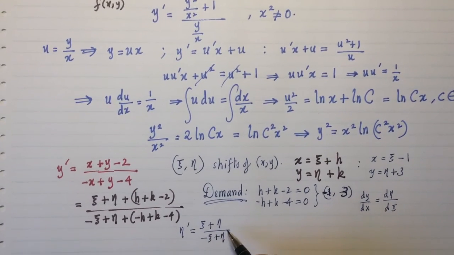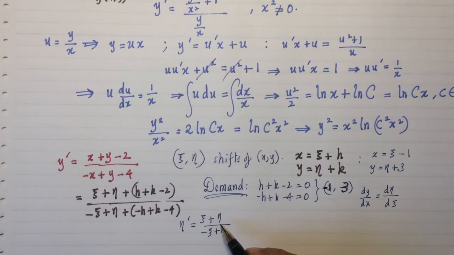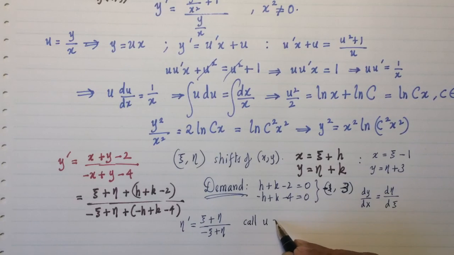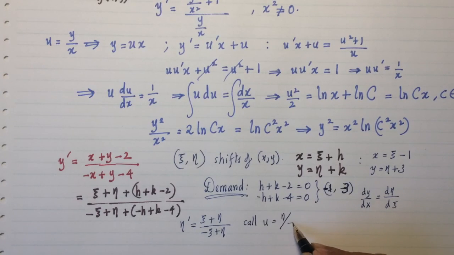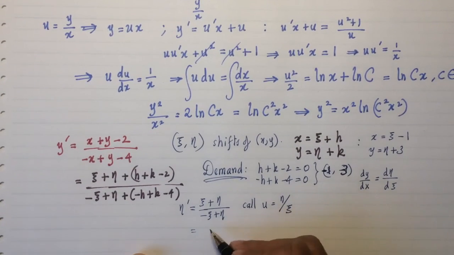And now we are home free because this is homogeneous of order 0. If you put t zeta and t eta here, the t will come in the numerator and t will come in the denominator to cancel out. And now you can proceed as usual. You can call u equals eta over zeta. Well, first you have to do this step of dividing both sides by zeta.